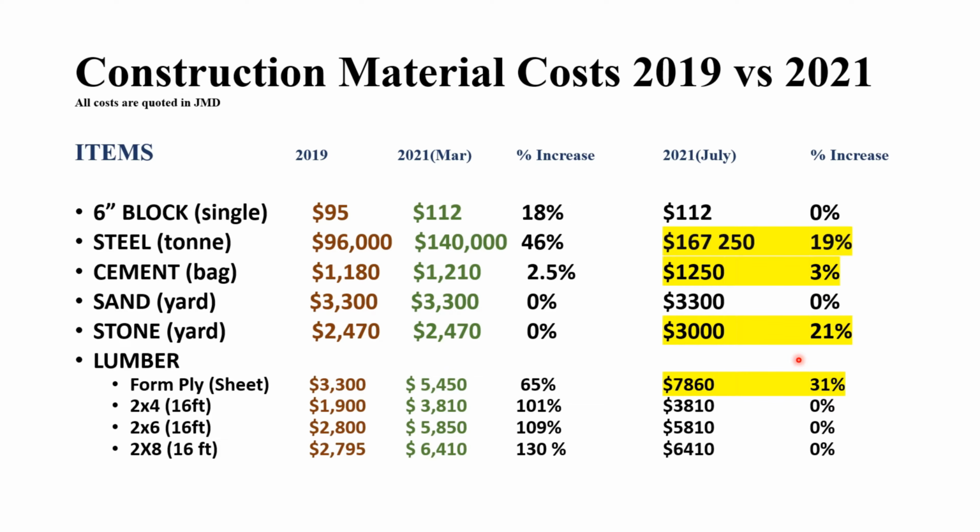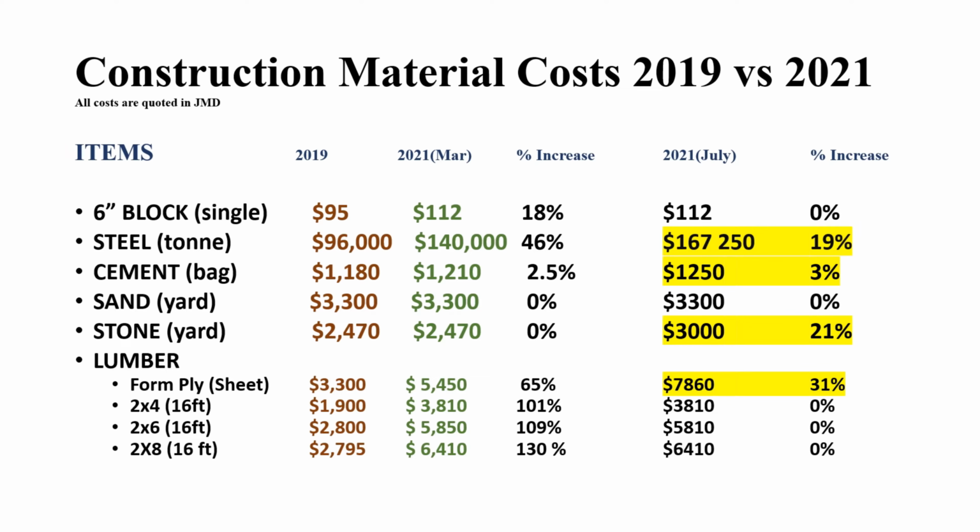And the key item that caught my attention is the form ply. The cost in March was $5,000 per sheet, that is $5,450. Now we are all the way at $7,860. So that's a 31% increase in the cost for form ply between March and July.